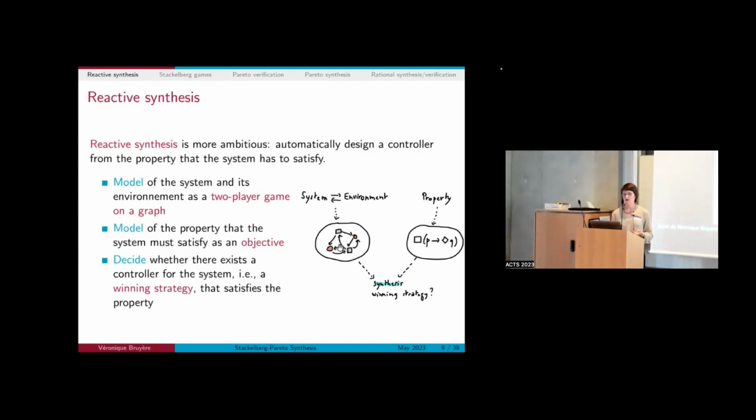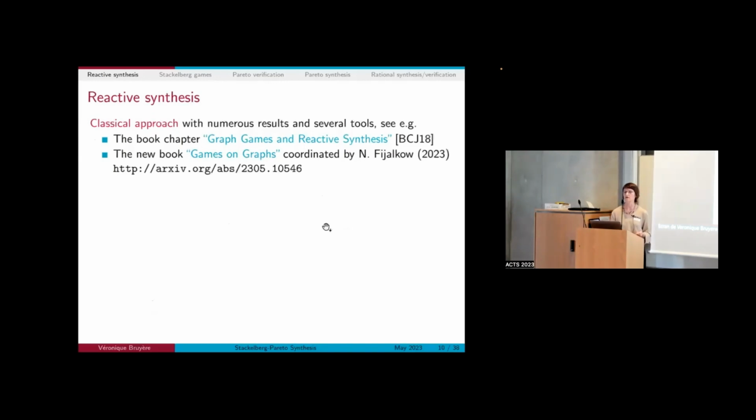To decide whether there is a controller for the system is equivalent to deciding whether there exists a winning strategy for the system to satisfy the property, which is seen as the objective of the system, and the environment has the opposed objective.